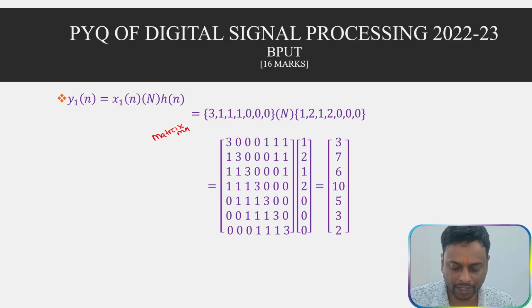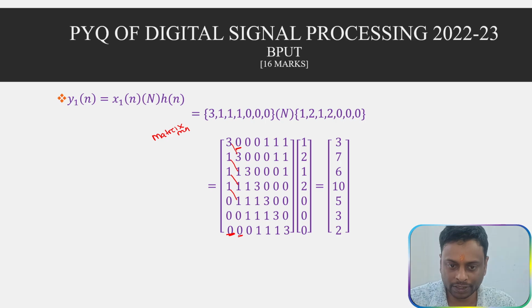So you can write over here the sequence 3 1 1 1, up to 0, then this 0, then this 0. Then you have to write the sequence in shifted form: 3 1 1 1 likewise.